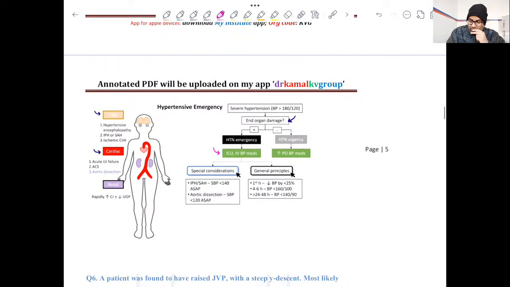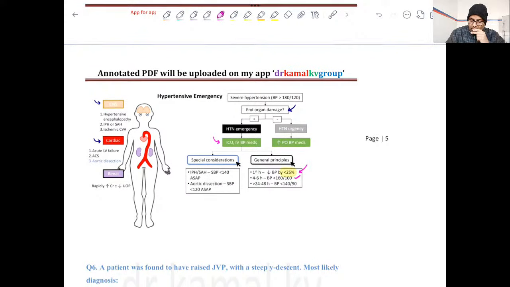The principle is that in the initial first hour, we reduce the blood pressure by around 25%. Then in the next 4 to 6 hours, we reduce the blood pressure to below 160/100, and within the next 2 days, we take the blood pressure down to below 140/90. So that is the usual pattern of management of hypertensive emergencies, right?